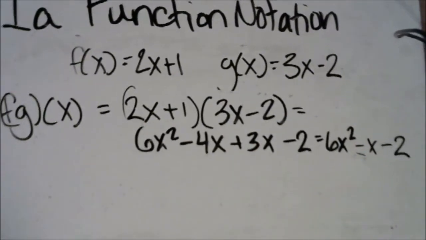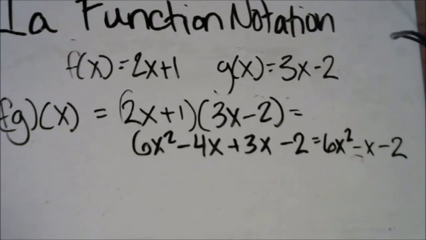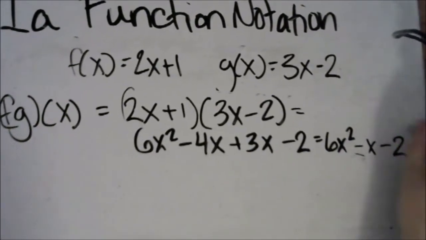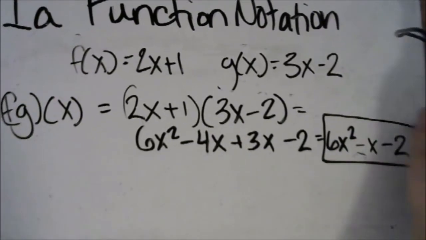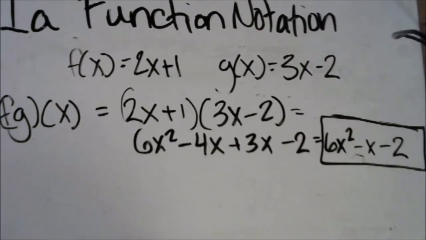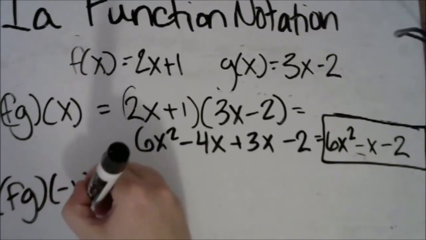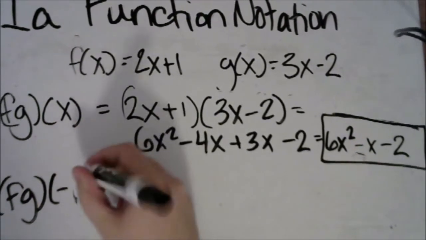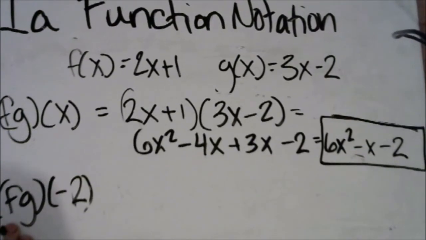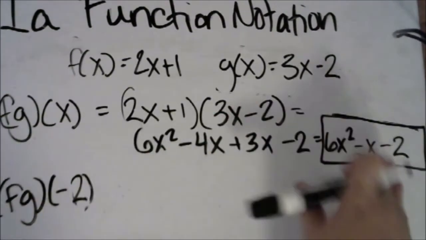So the first way that you can find f times g of negative 2, especially if you've already found f times g of x as an expression, is to just plug in negative 2 to your product. So one option is to first find f times g and then plug in negative 2.